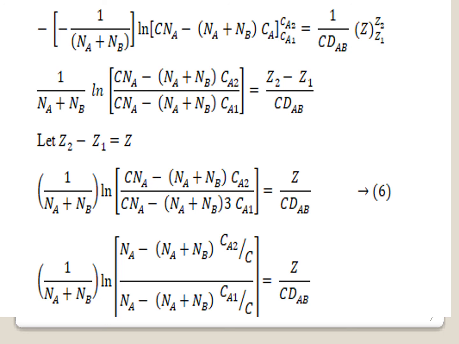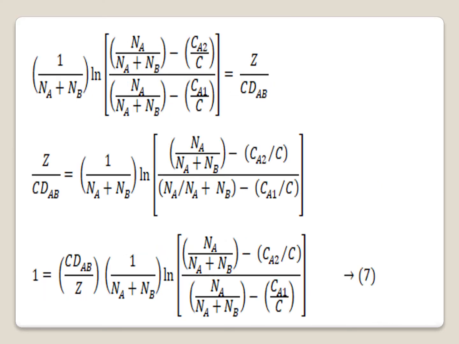Are you clear or not? Okay. Take NA plus NB outside. So we get 1 by (NA plus NB) ln of (NA divided by (NA plus NB) minus Ca2 by C) whole divided by (NA divided by (NA plus NB) minus Ca1 by C). This LHS value is equal to the RHS, z by C into DAB.